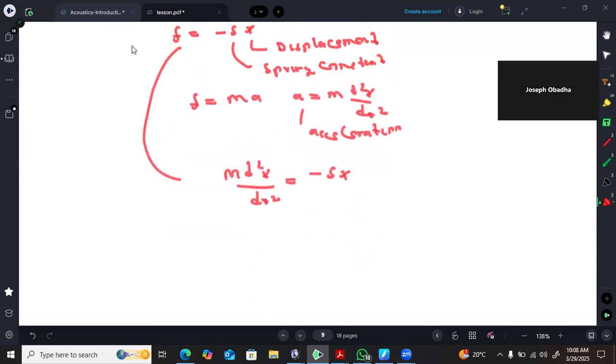Which I can actually rewrite to M d squared X by dt squared plus Sx equal to 0.